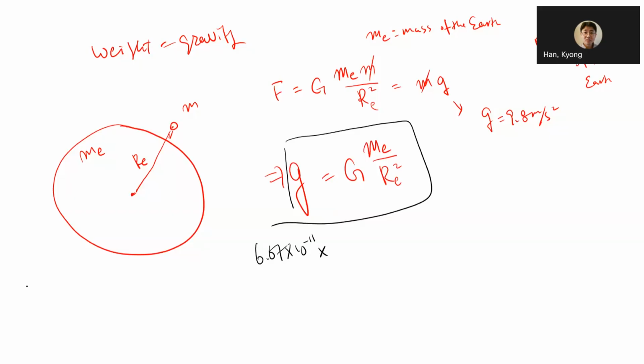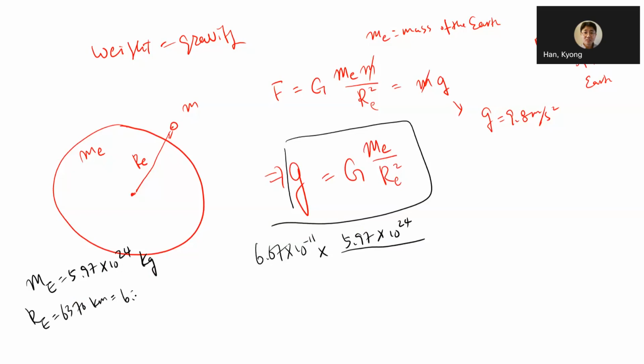Then we can use the mass of the earth, 5.97 times 10 to the 24 kilogram, divided by the radius of Earth. The radius of Earth is 6,370 kilometer, which we need to change to SI unit.